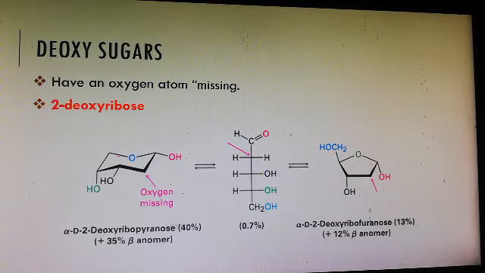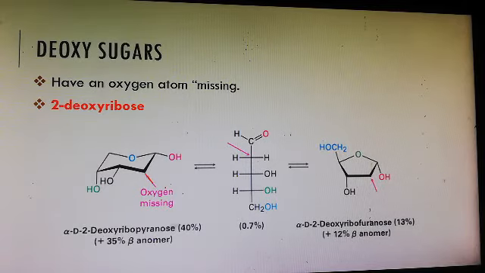Deoxy sugars have an oxygen atom missing. The OH group, which is here, is missing and it just has a hydrogen.